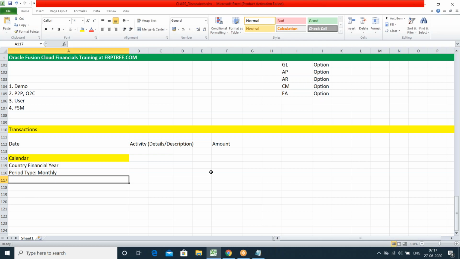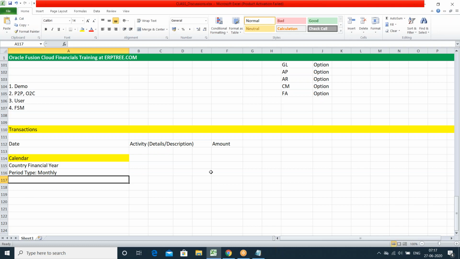So if we are going to do the implementation for a US client and we are using the period type as monthly, we can create 12 periods within that, January to December. In case of India, what is our financial year? April to March. So 12 periods. But in the system, we have the flexibility to create more than 12.